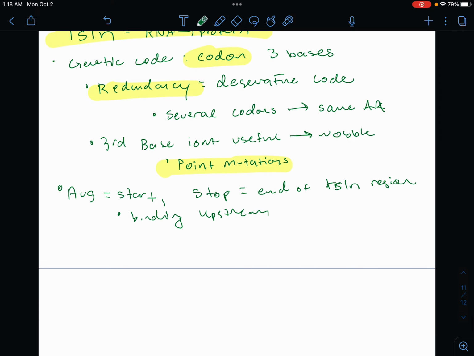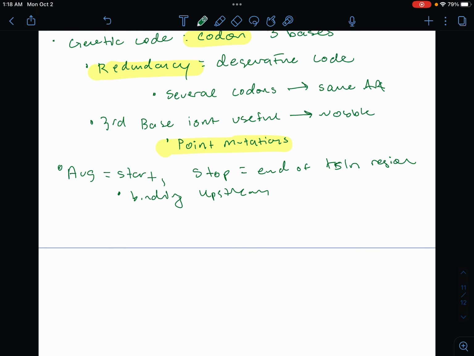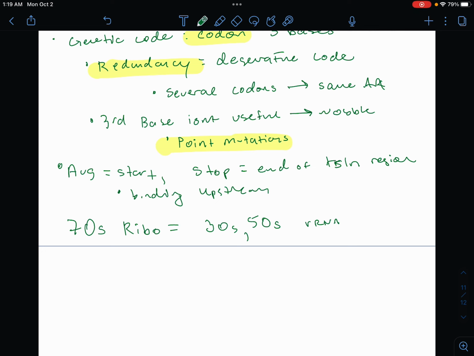Alright, let's talk again about the types of ribosomes. So in our bacteria, we have a 70S ribosome, and this is from the 30S and 50S subunit. This is going to be made out of rRNA plus some protein, and it's going to also go 3 to 5.